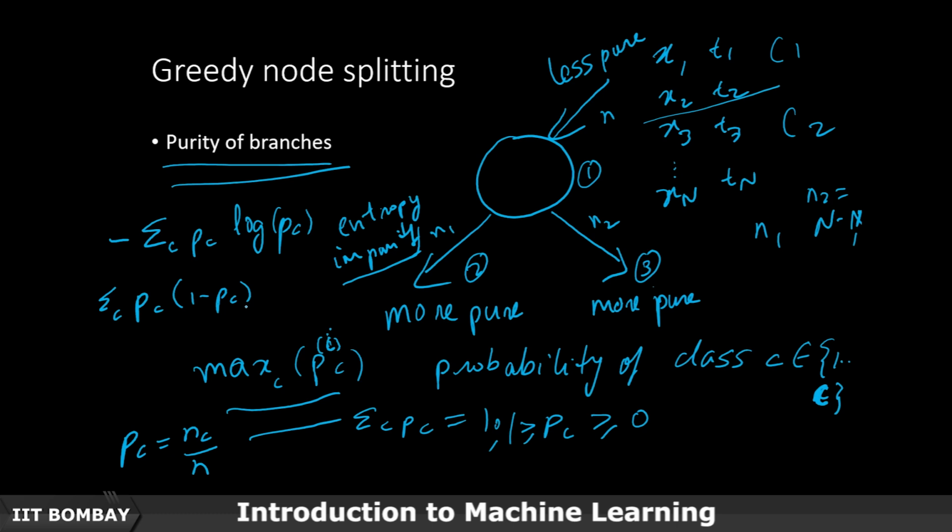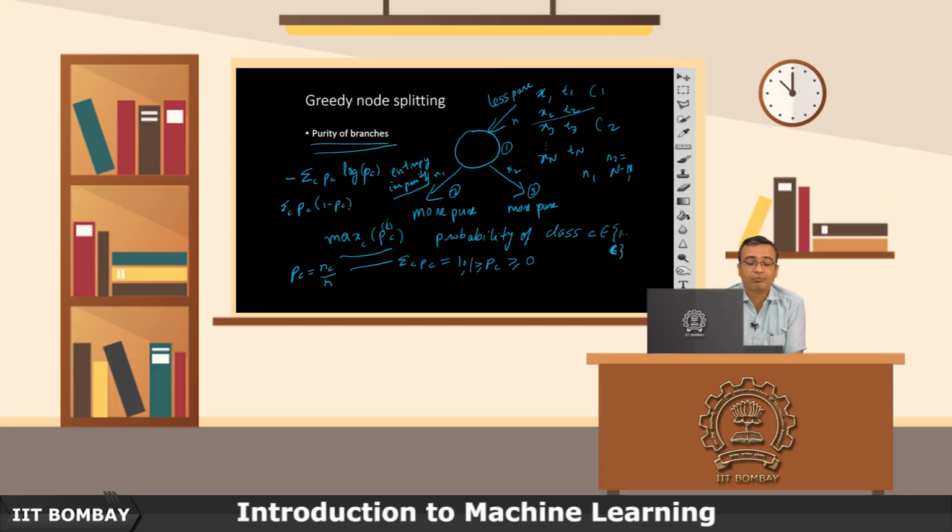Here, if all of the Pcs are close to uniform, close to 1 over C, then what we get is the highest Gini index. That means everything is equitable, all classes are equally represented, and that is high impurity. Otherwise we get low impurity because of this 1 minus Pc part. So it is maximized when all the Pcs have the same value, which is 1 over C.